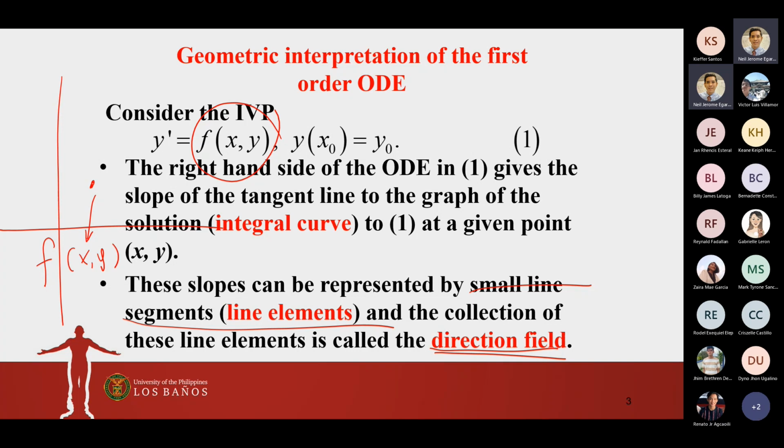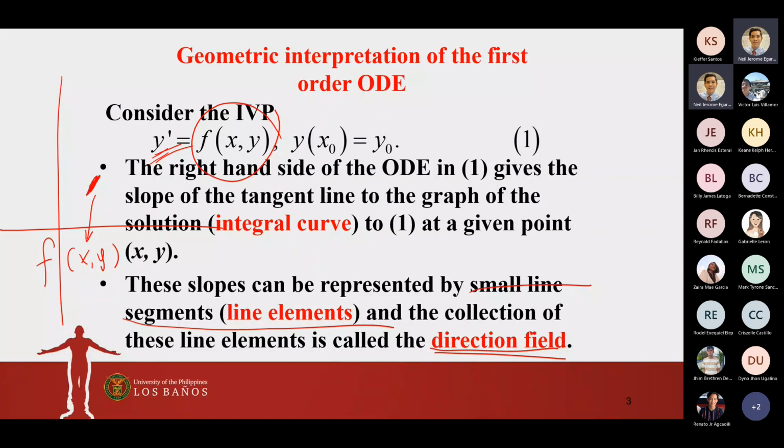So ibig sabihin siya ay slope ng tangent line to the curve at the point x comma y. So ang gagawin ko dun sa point x comma y, I'm gonna draw a small line ng slope ay equal doon sa function value ni x comma y under the function f. Kasi nga slope siya ng tangent line, equal siya kay y prime. So magdodrawing ako dyan, halimbawa, ito yung line na ang slope ay na-compute ko na value ng f of xy.